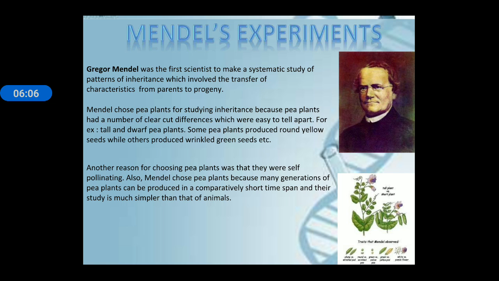Another reason for choosing the pea plant was that it is self-pollinated, it has a short lifespan, and the study of the pea plant is much simpler than that of animals. So these are the reasons why Mendel chose the pea plant.